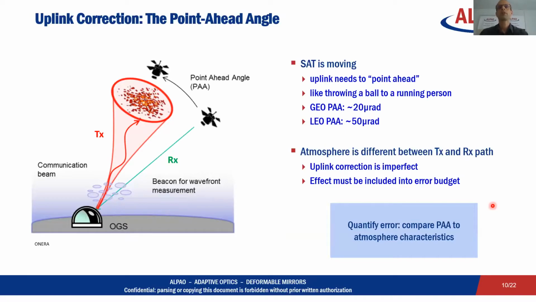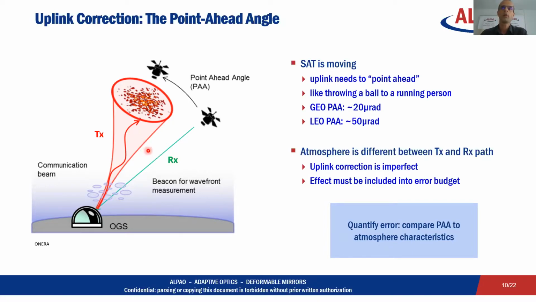So we're going to talk about the pointing that is needed to really hit the satellite. Let's look at the schematic on the left side. We have the downlink beam, the receiving beam coming from the satellite, which we use as a beacon, and we have the outgoing beam. There is one differential element between these two beams: the pointing. Why do we need this?